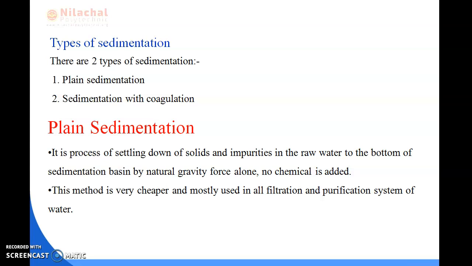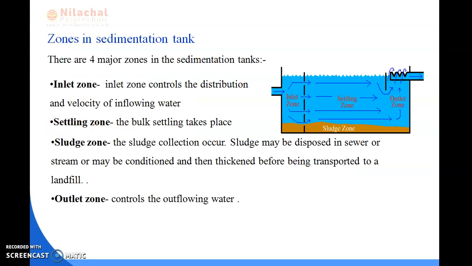It is mainly used in the filtration and purification systems of water.